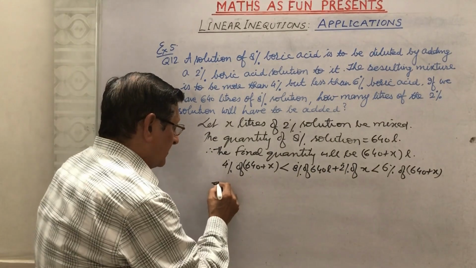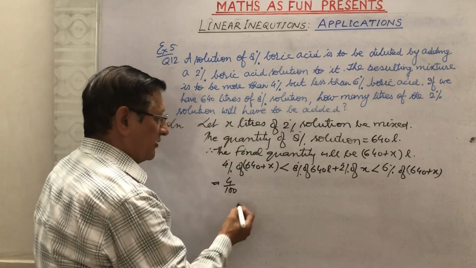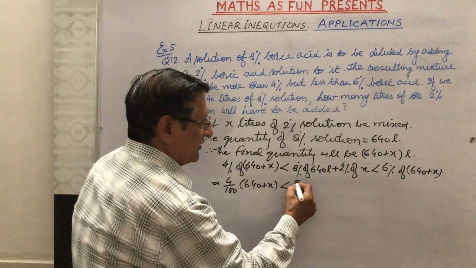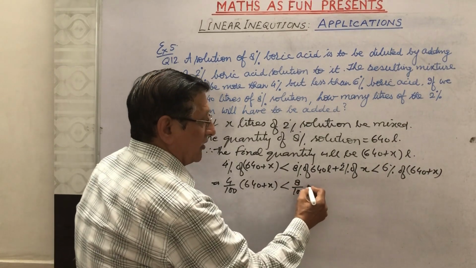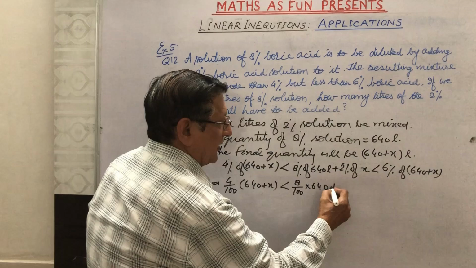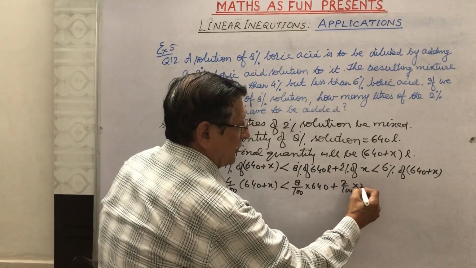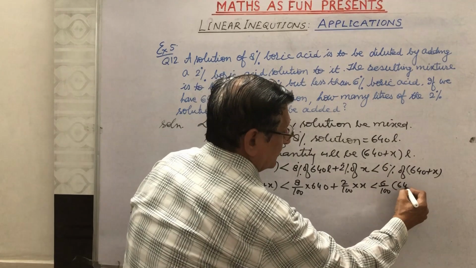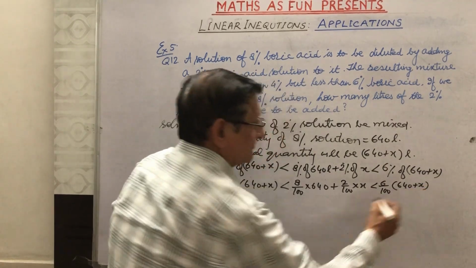And that is, 4% means 4 upon 100 into 640 plus x is less than 8 upon 100 into 640 plus 2 upon 100 into x, is less than 6 upon 100 into 640 plus x.